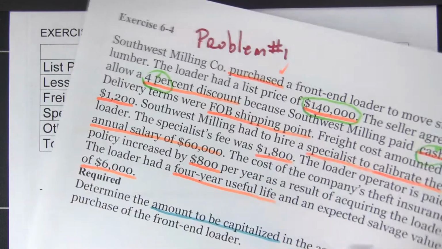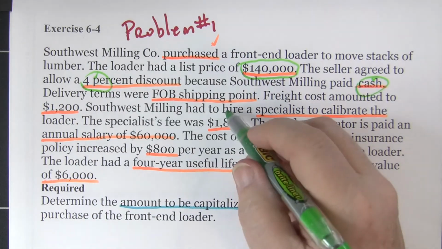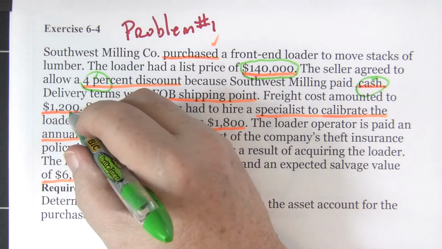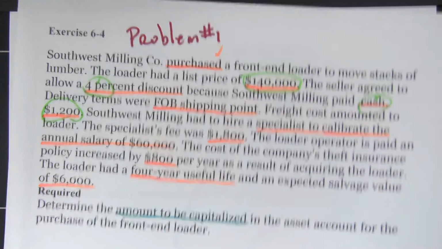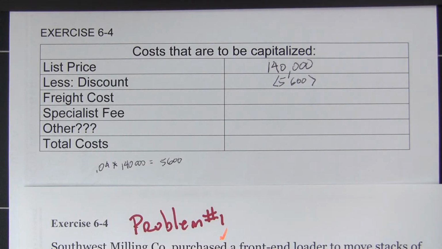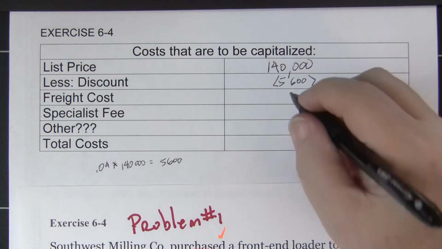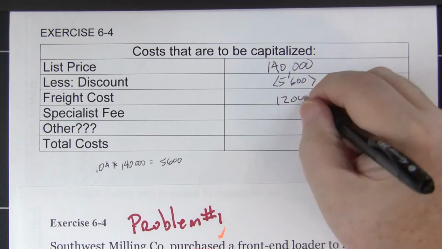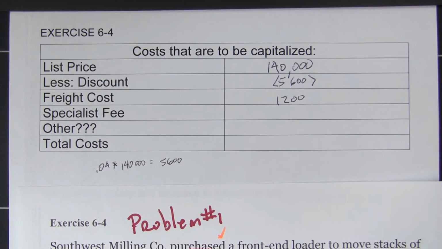Freight cost amounted to $1,200, and it was FOB shipping point, so that's ours. So we need to add that piece. So that's $1,200. Because remember, all normal, reasonable, ordinary costs to put the asset to its intended use.